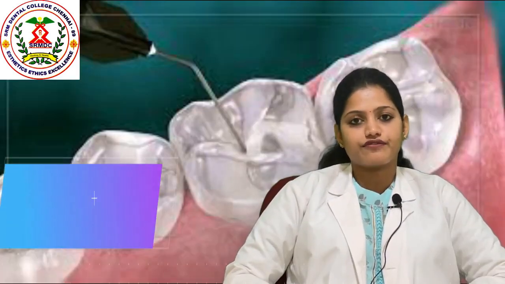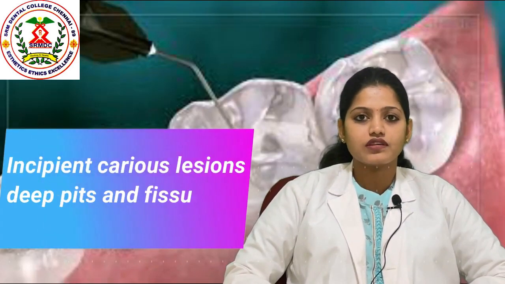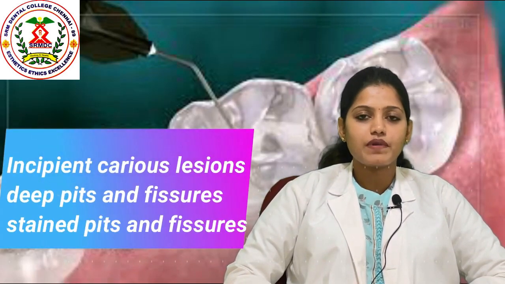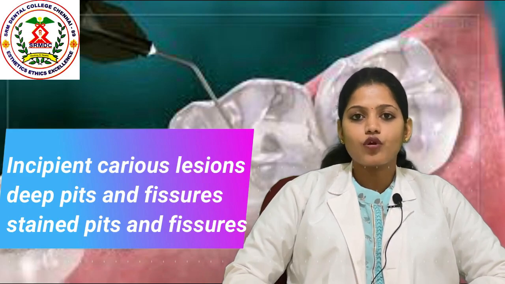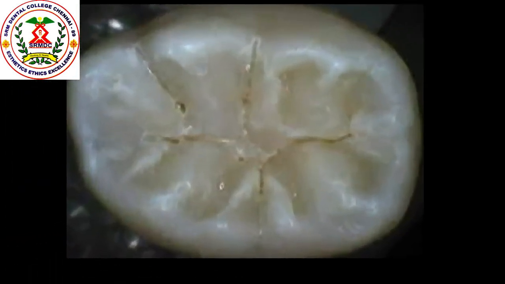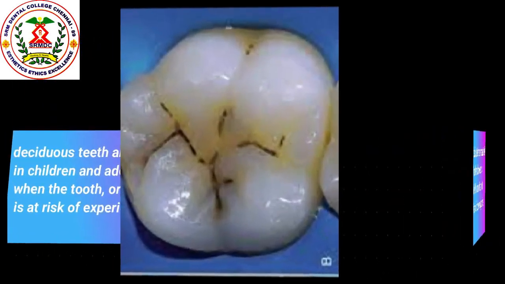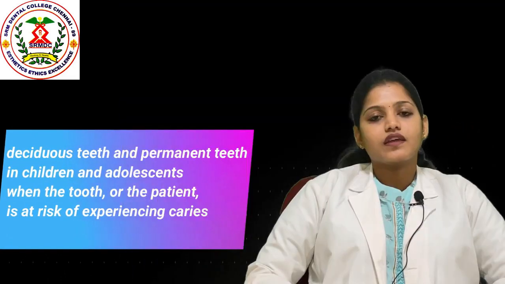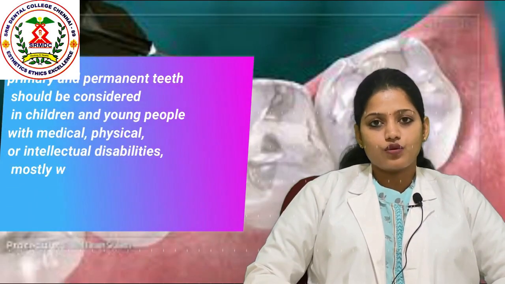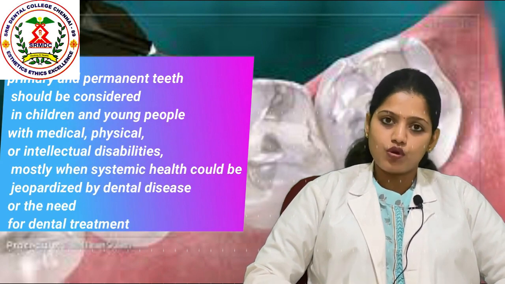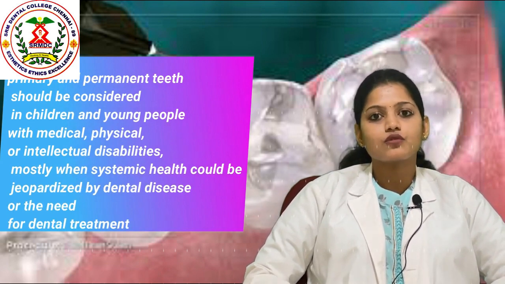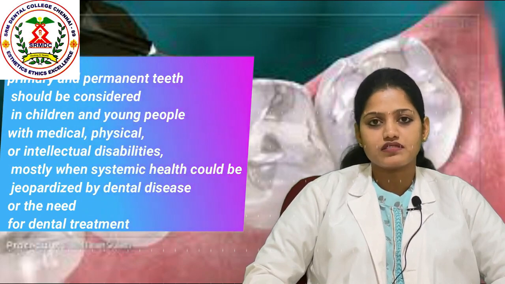It is indicated for incipient lesions as well as pits and fissures which are deep and very narrow, which are more prone to caries, and it is indicated for stained pits and fissures also. It is indicated for individuals, both deciduous and permanent teeth, who are systemically compromised.